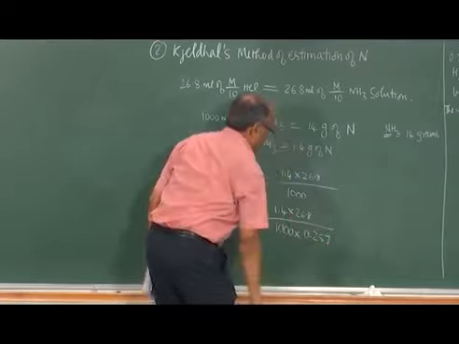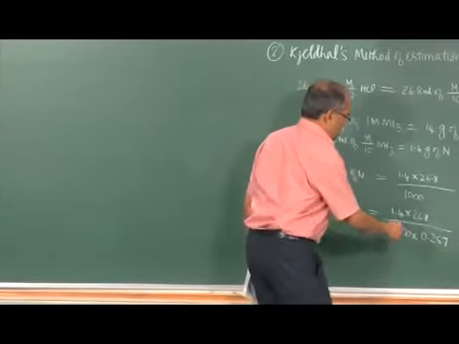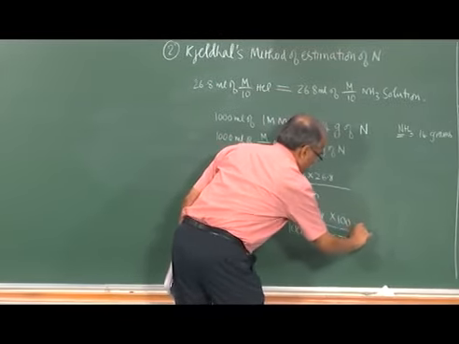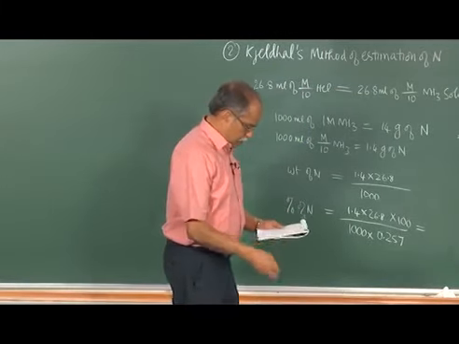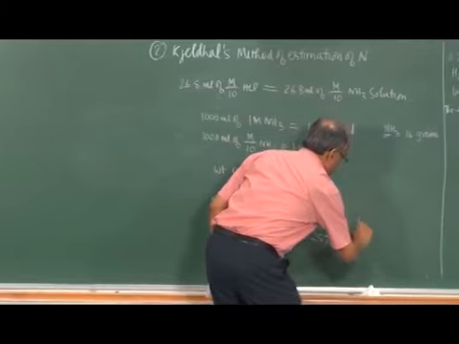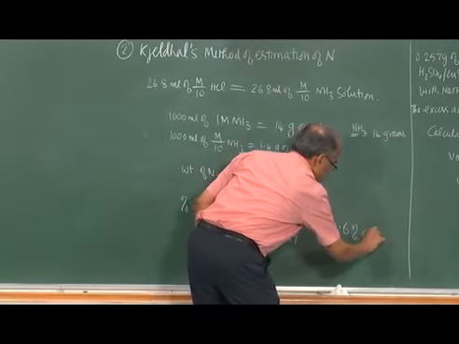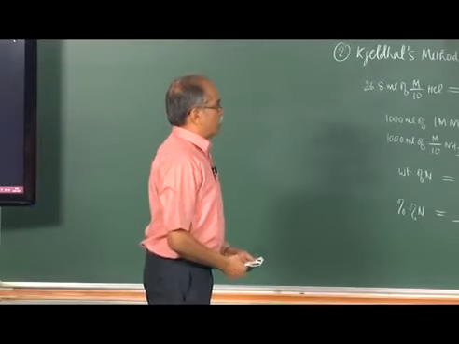So, 0.257 grams of organic compound will contain this much nitrogen. So, 100 grams will contain how much nitrogen? If you solve these numbers, it will correspond to 14.6% nitrogen present in the organic compound. So, let me go through this once again.